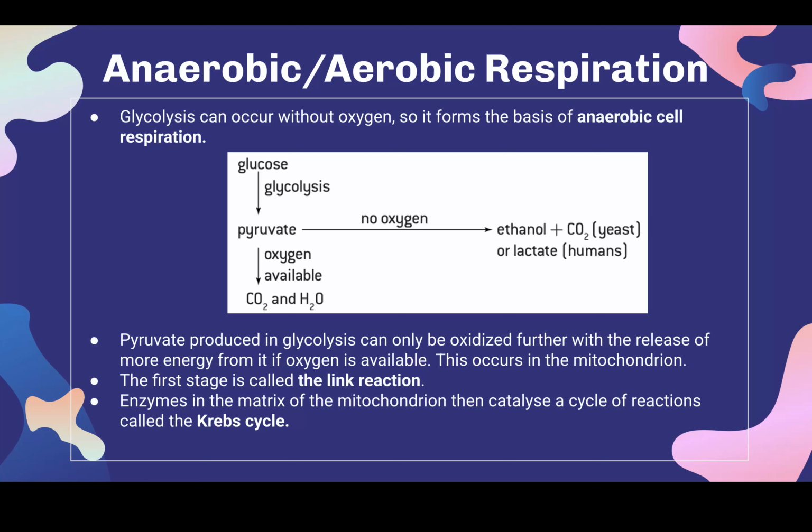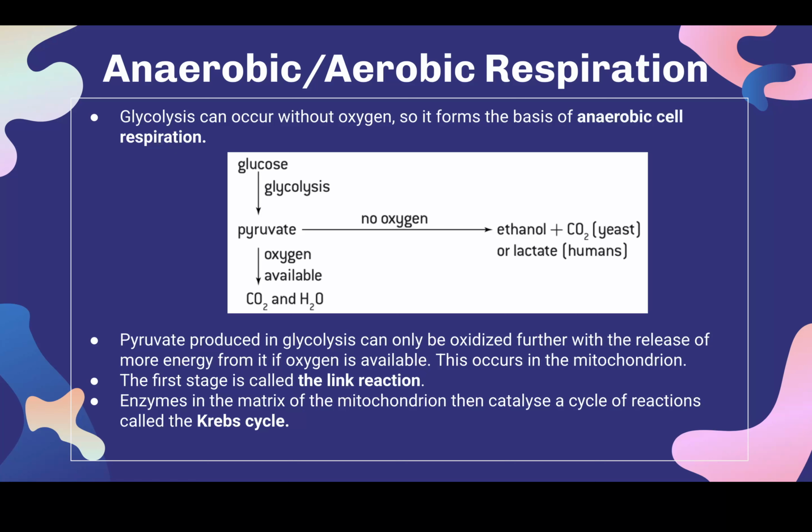So when glycolysis happens and pyruvate is created, that pyruvate, in the presence of oxygen, will go through the normal aerobic cell respiration, or if there's no oxygen, the pyruvate can then become ethanol plus carbon dioxide in yeast or lactate in humans.